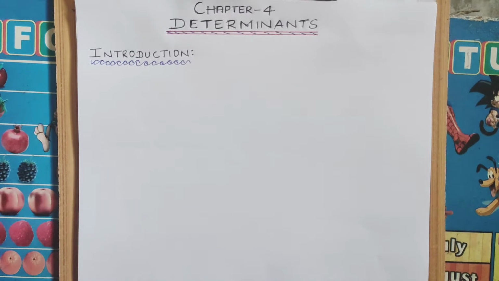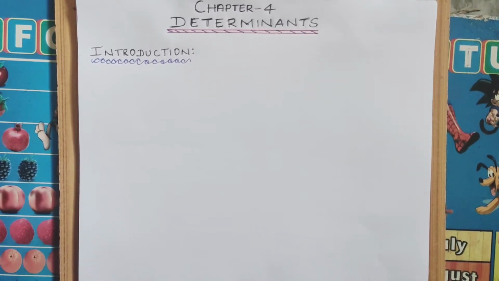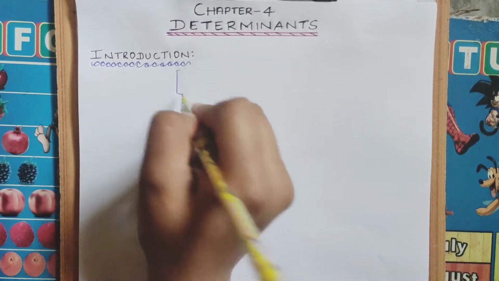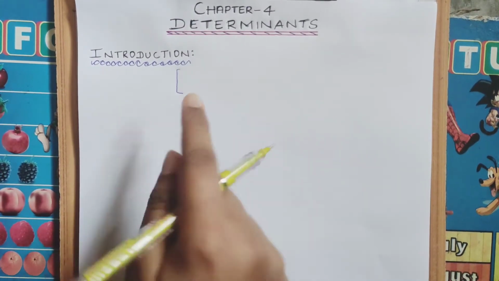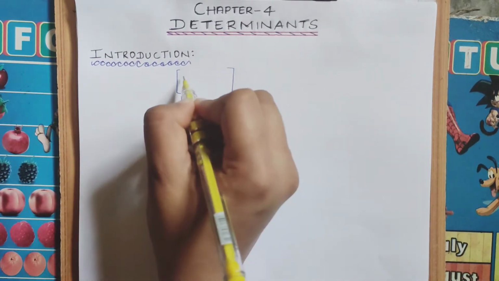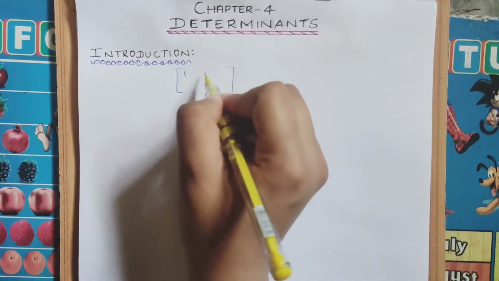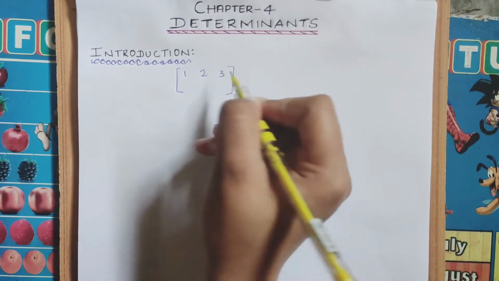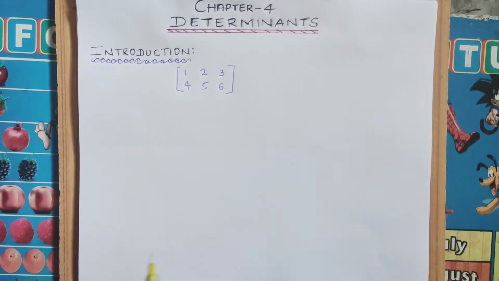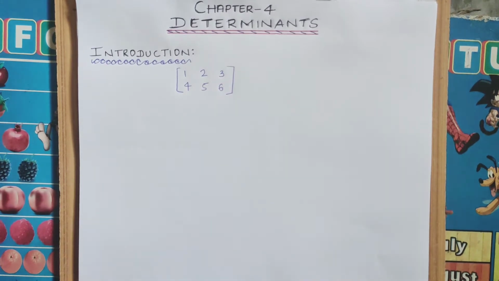We have studied matrices now, and a matrix is indicated in rectangular brackets. Rectangular it is, and there will be elements like 1 2 3, suppose 4 5 6. This is your matrix.